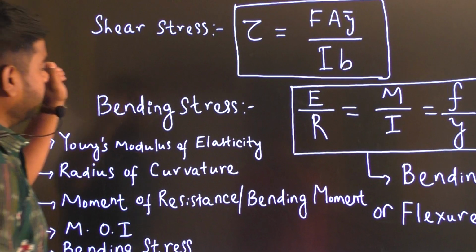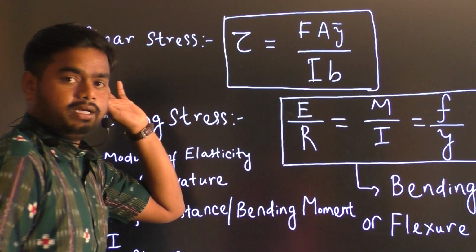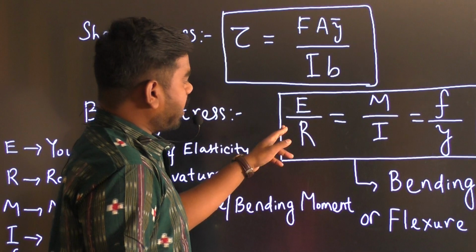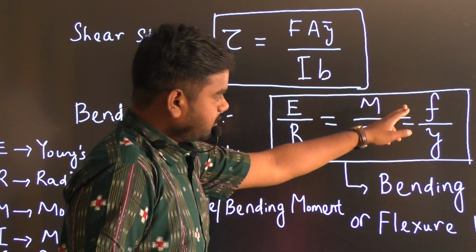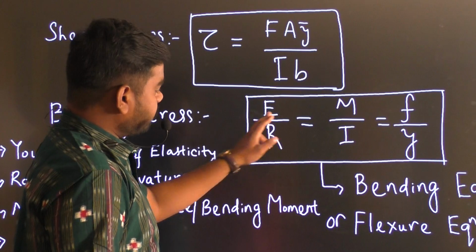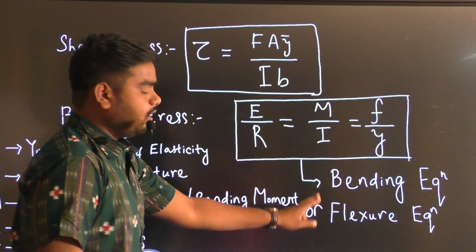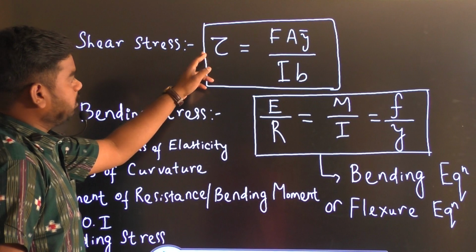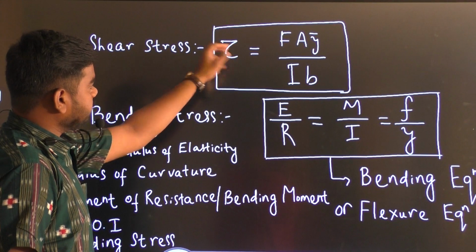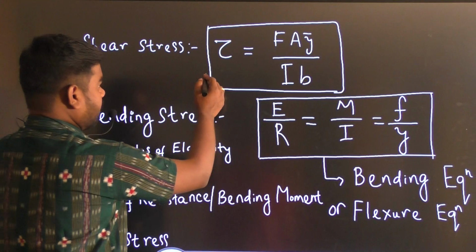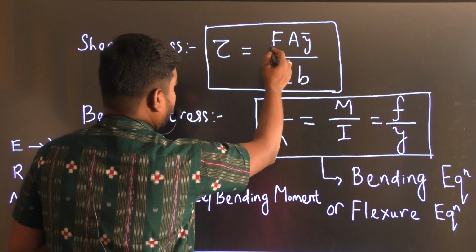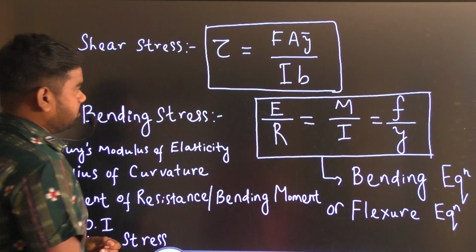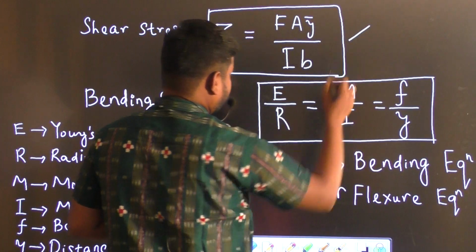This is the expression with the help of which we will find the bending stress: E by R is equal to M by I is equal to F by Y. This equation is known as the bending equation or flexure equation. Similarly, the shear stress is denoted with the symbol tau, and tau may be calculated with the formula tau equals F A Y bar divided by I B. How this formula is derived we will discuss in the next chapter.